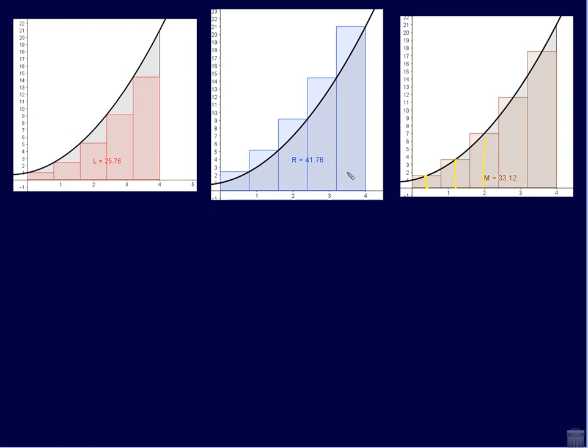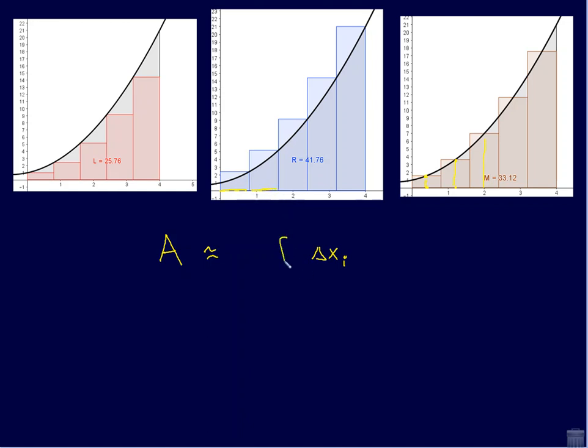But all 3 are estimation methods, and all 3 have the same basic idea, that the area of each rectangle, which approximates the total area, is found by taking the width of each rectangle, which we denote the change of x, and that would be like the distance across each of these strips.